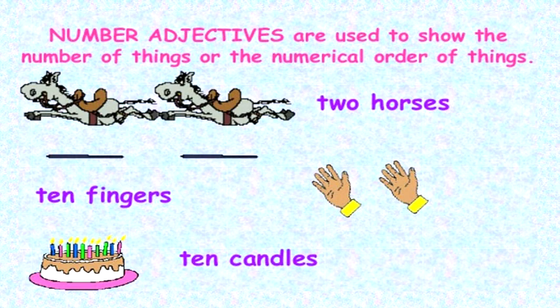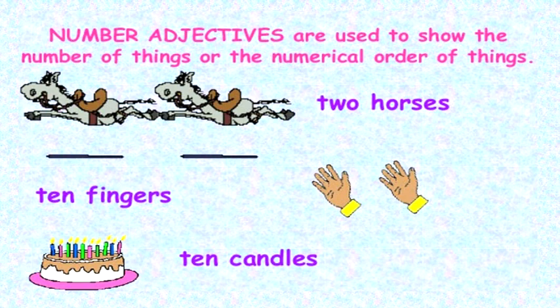How many fingers are there? They are 10. So the word fingers is a noun and the word 10 tells us how many fingers, or how many of this noun. So the word 10 is an adjective of number.